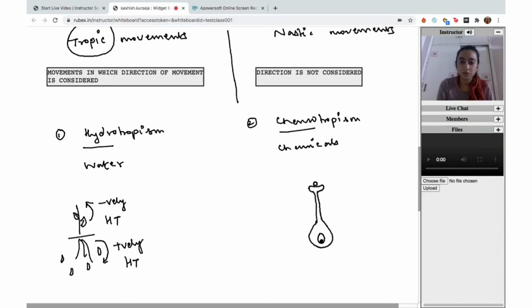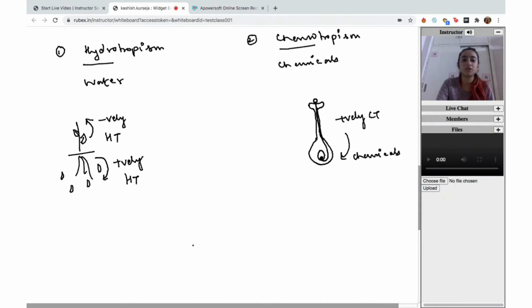So what happens? Your pollen tube comes out, it grows, and it tries to reach your ovule. Why? Because there are some chemicals secreted by the ovule which try to attract the pollen grain towards itself. This kind of movement is known as chemotropism. It's positively chemotropic because it's showing movement towards secreted chemicals. So this becomes probably one of the only examples that you have to study for chemotropism.